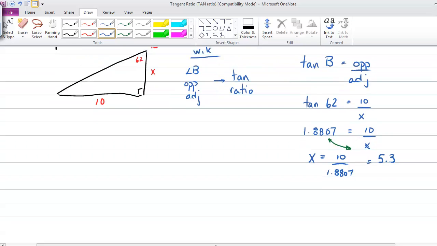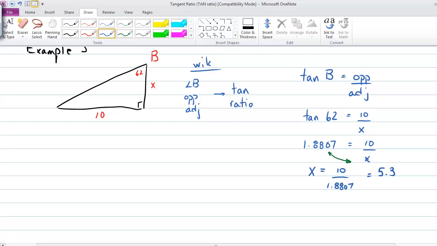And now it asks you again, does 5.3 make sense? And the answer hopefully should be yes, because the side opposite 62 is 10. That's a big angle. The other angle that we aren't told, but we can easily figure out, is smaller than 62.